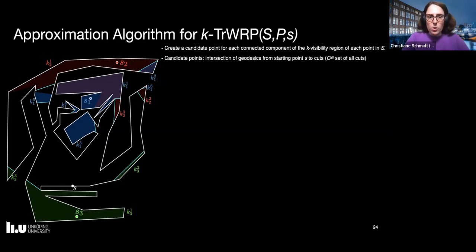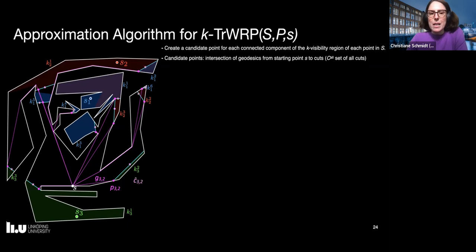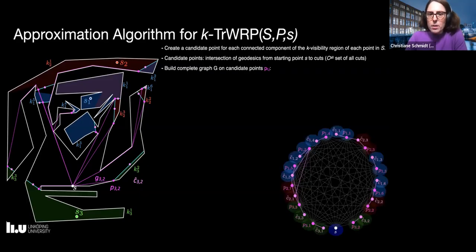And all the cuts to the different connected components of the 2-visibility regions of these 3 points are indicated in turquoise. And so now we compute the geodesics from S to all of these cuts. And those are candidate points, and we actually introduce one more set. We just have one representative per cut. And now, first on these darker pink points, we build a complete graph.